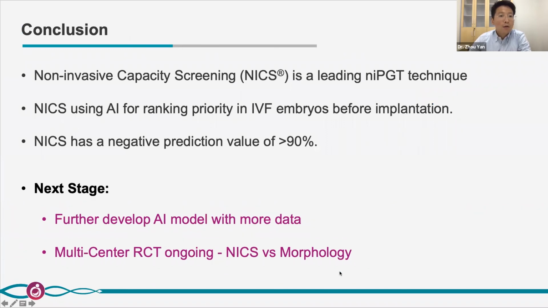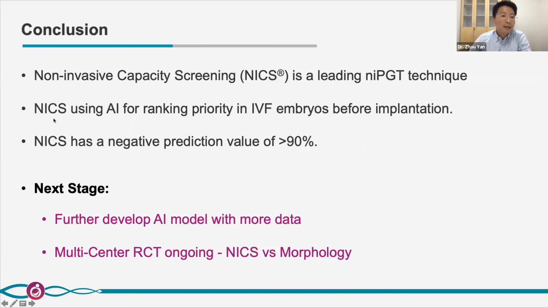So in conclusion, we have gone through non-invasive chromosome screening, NICSI, which is one type of leading non-invasive PGT technique.